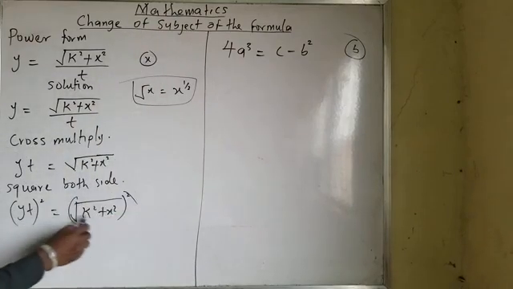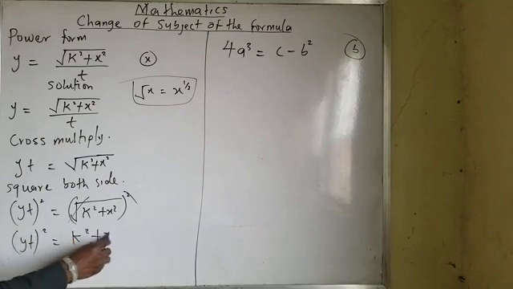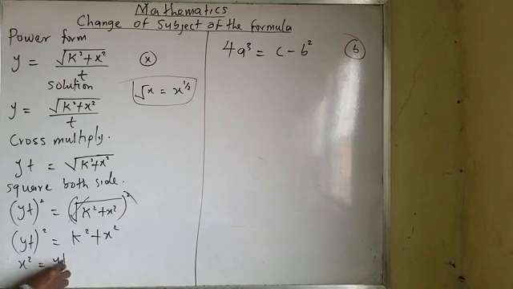It means indirectly this will cancel this, and I have (yt) squared equals to k squared plus s squared. What am I looking for? I'm looking for s. It means my s squared can be equals to (yt) squared minus k squared.